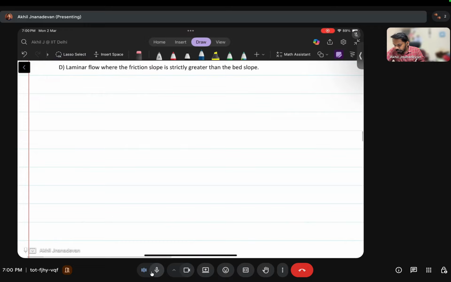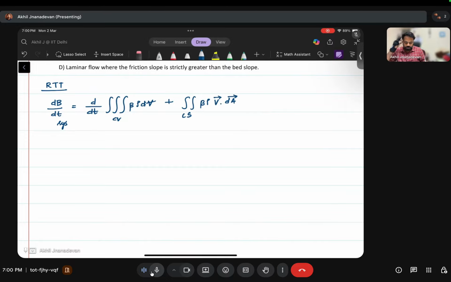Basically, you all already know we'll be applying RTT. dB by dt, the rate of change of the extrinsic property of the system, is given by d by dt of the integral over the control volume of beta, that is the intensive property, rho dV, V is volume here, plus the surface integral across the control surface of beta rho v dot dA, where v is velocity, a vector, and dA is also a vector, right? So this is the RTT. This is very much familiar to you.